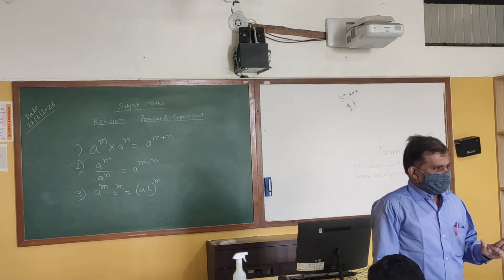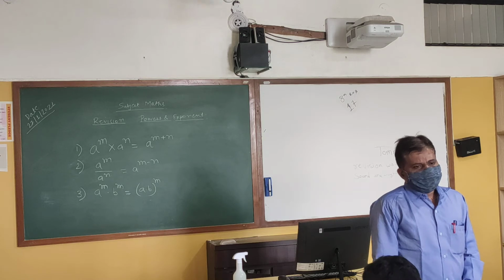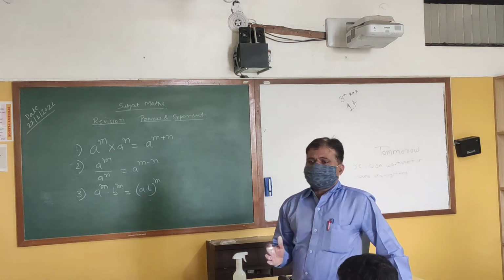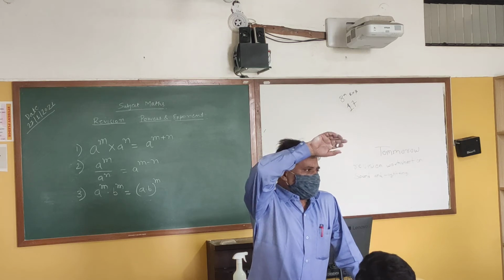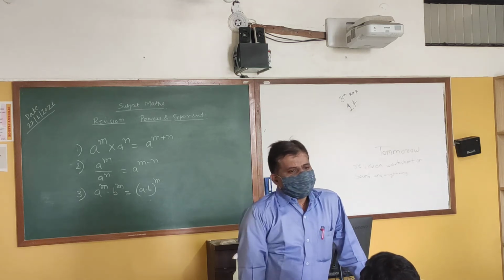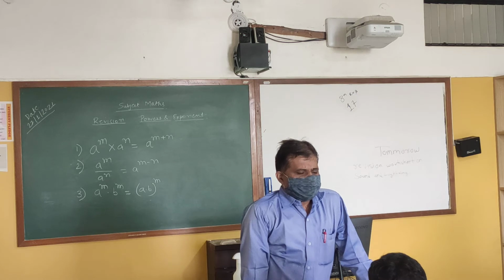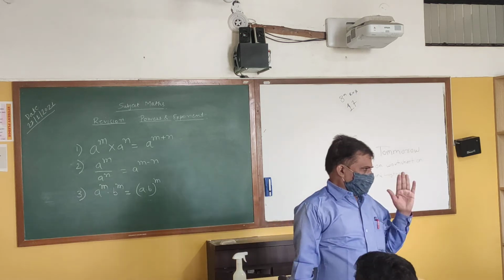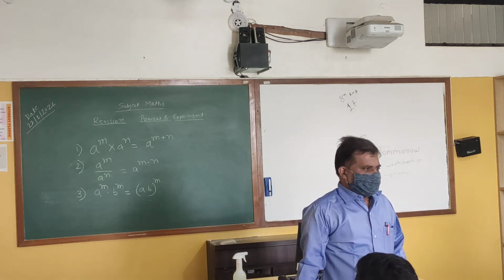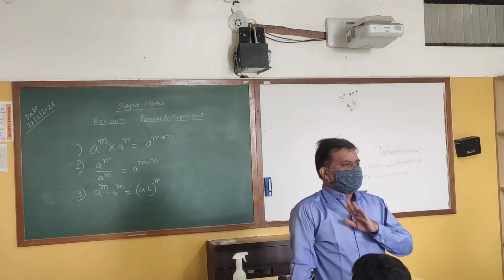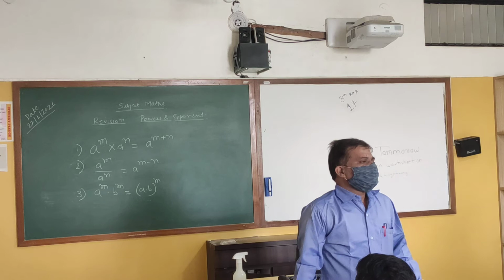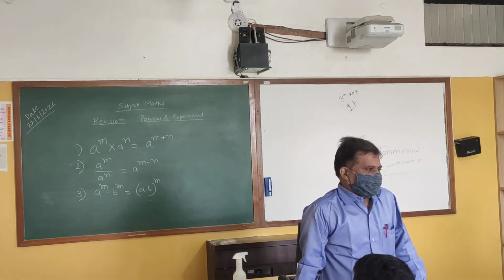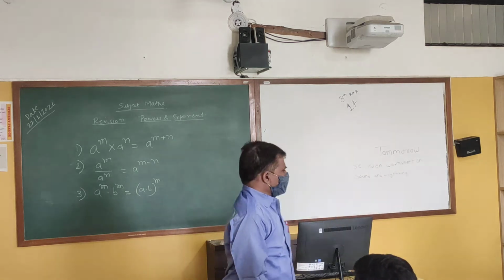Here bases उनके different हैं. So if the bases are different but the exponents are same, exponent same है, then you have to understand. ठीक है? So what is the product? क्या product होगा? You can simply find the product of those two bases and that product can be raised to the same power m. Yes, ठीक है? So this is the rule.